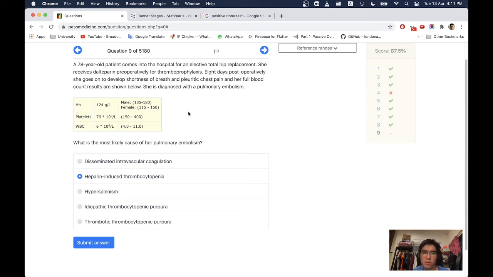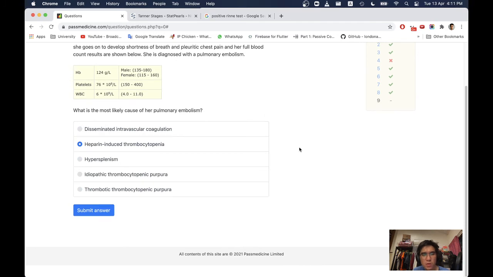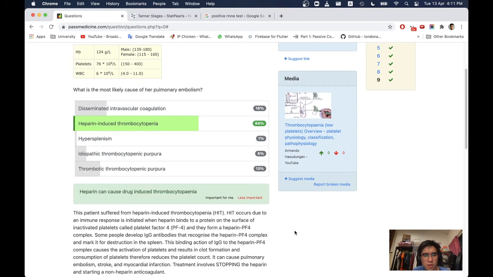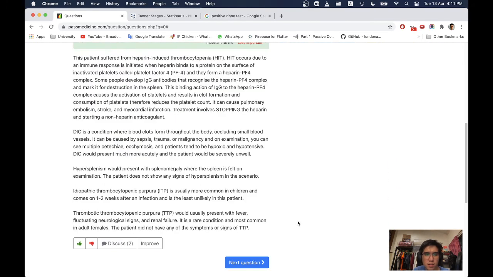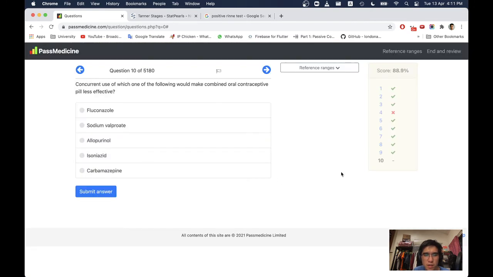You consume all your platelets, but it's a prothrombotic instead of antithrombotic effect. So I'm not even going to look at the rest. The answer is HIT. We went through this already.